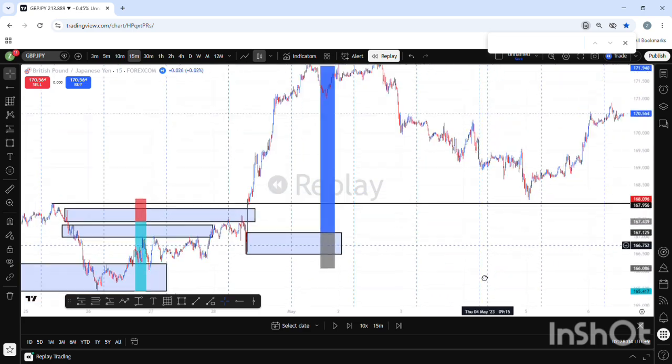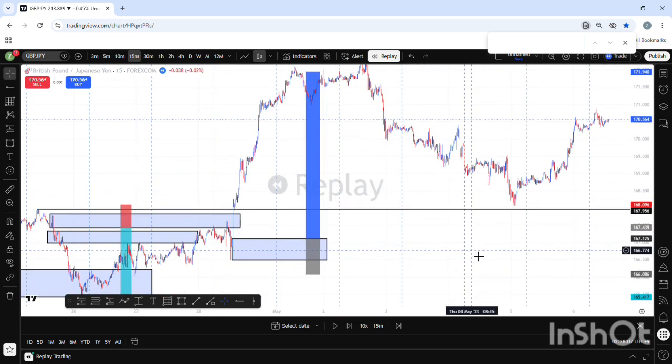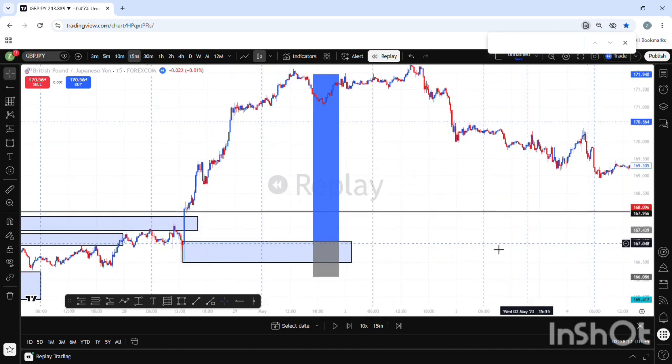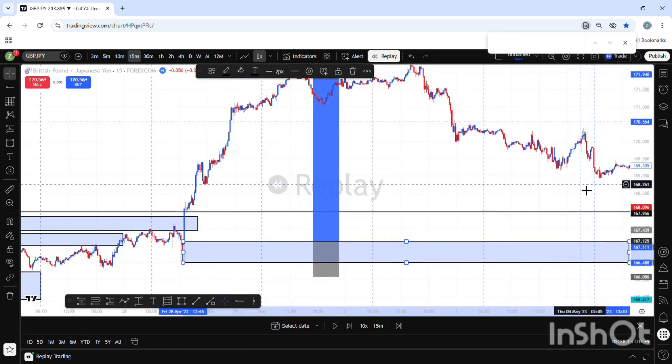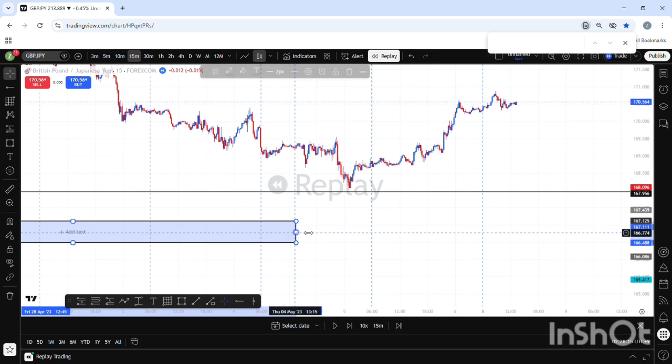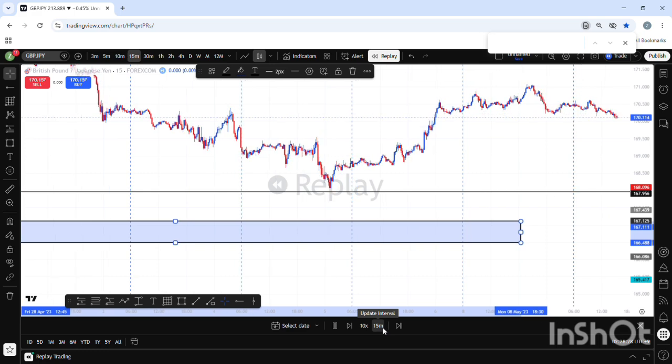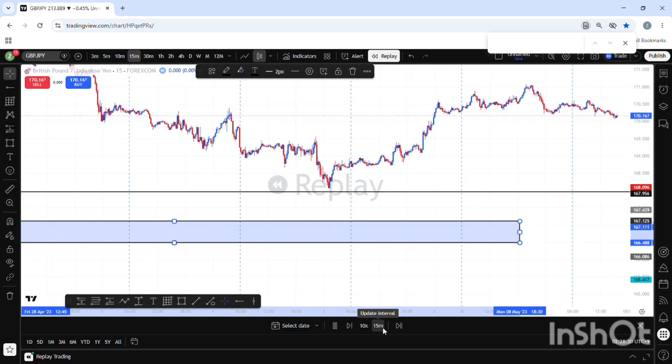Okay. So as you can see, the market reacted from our horizontal ray. So the essence of backtesting is to get some insights about the market, things that no one will sit you down and explain to you, things that even me as a trainer and as a mentor, I can't sit you down and break to you everything. Some of these things you learn as you backtest. I'm also learning.